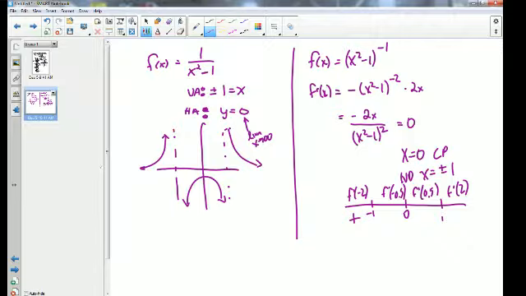So all we have to worry about is this. That's positive, positive, positive, positive, negative, negative. Does that match? Yes. Increasing, increasing, decreasing, decreasing. Right.